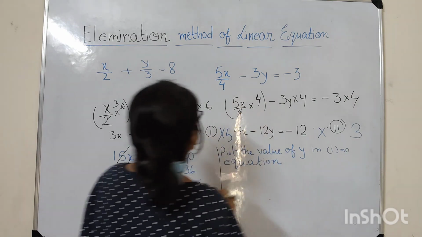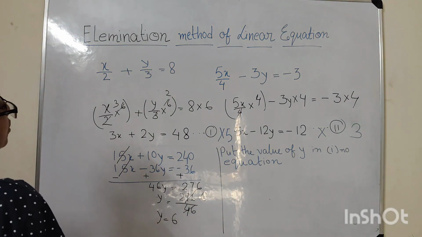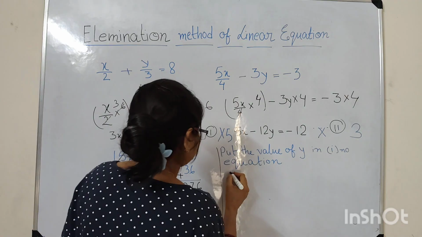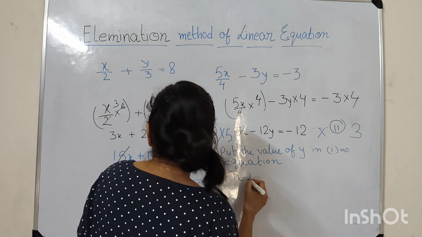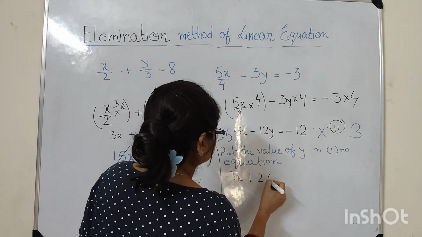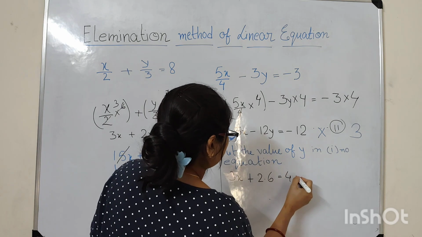Now put the value. This is 3x plus 2 into y, which is 6, is equal to 48.